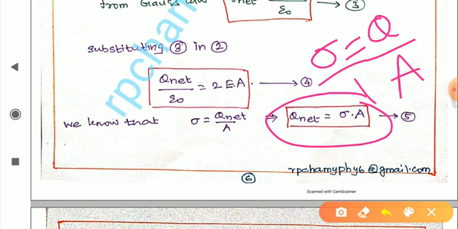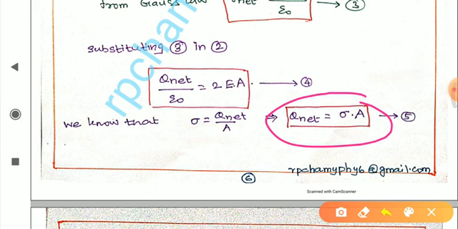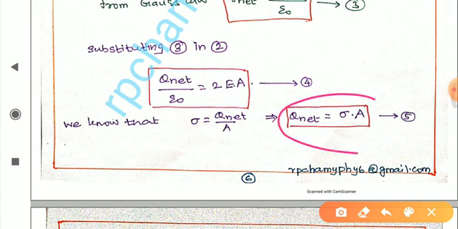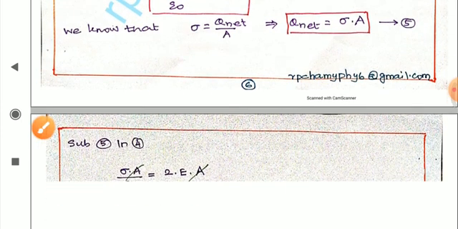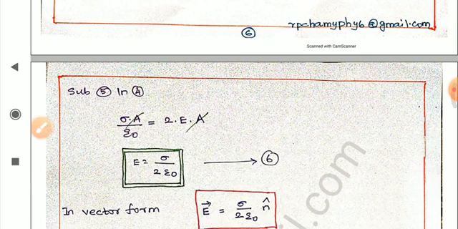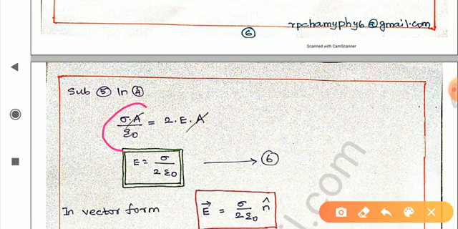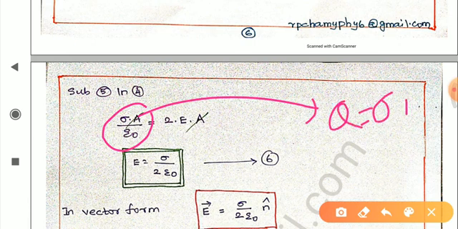So Q net is equal to sigma into A. Now we are going to use this value of Q net in equation number 5, which is going to be substituted in equation number 4 instead of Q net. So the fourth equation can be derived as sigma A by epsilon naught. What is sigma A? Q net is equal to sigma A, which is equal to 2E into A.